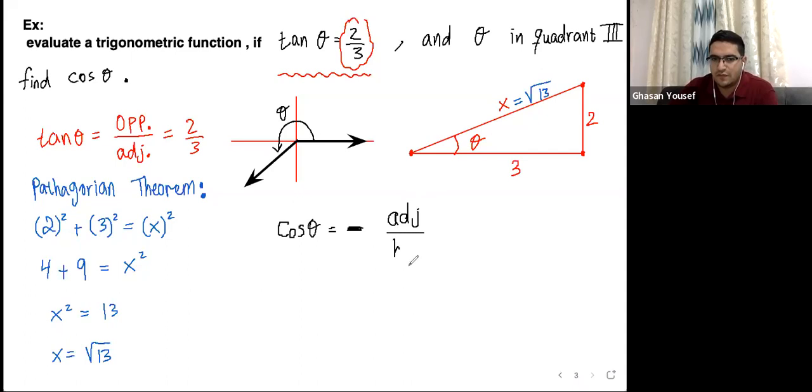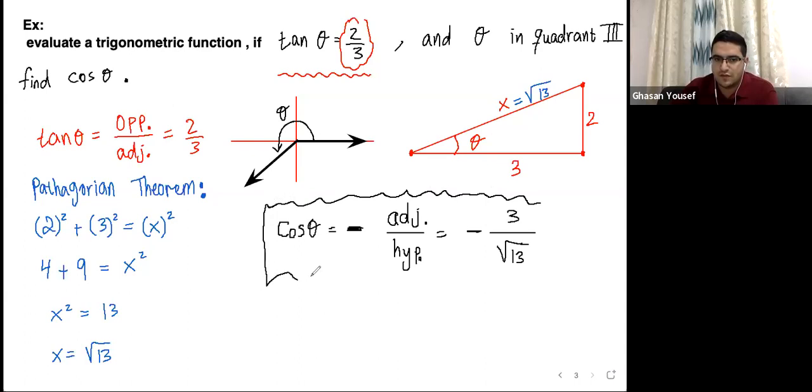So this is equal to negative, adjacent is 3, negative 3 over the square root of 13. And this is my answer. So this is the answer for my question.